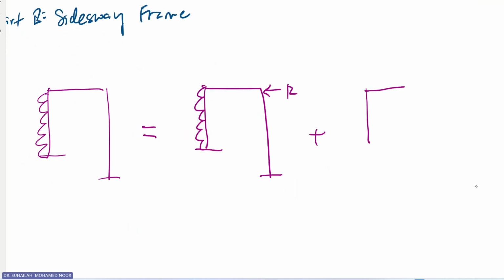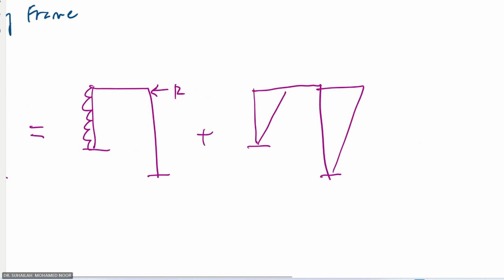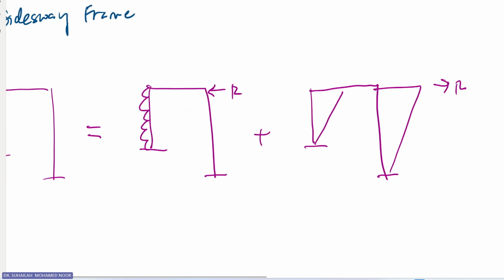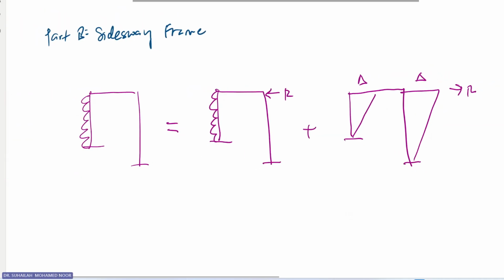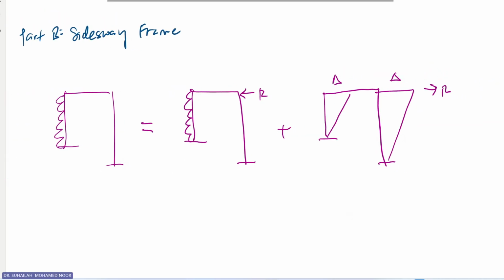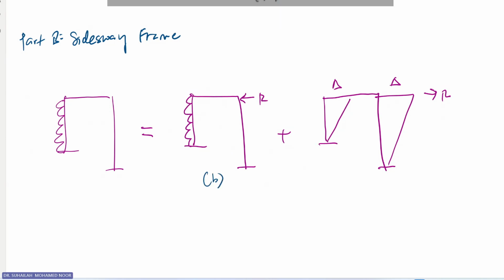So we have this, which is due to R. This is actually the principle of superposition. So this is diagram A, diagram B, and diagram C.